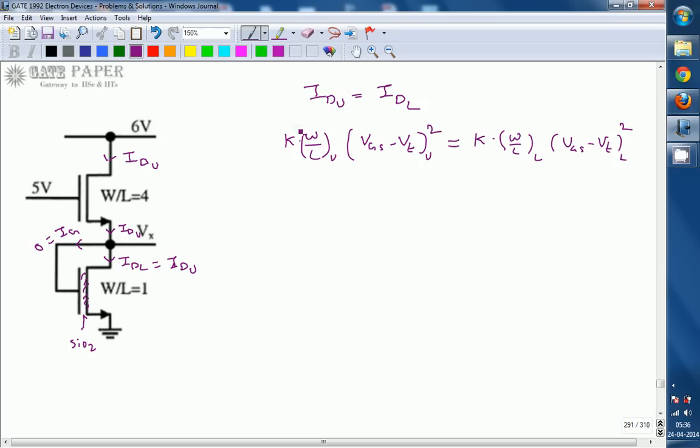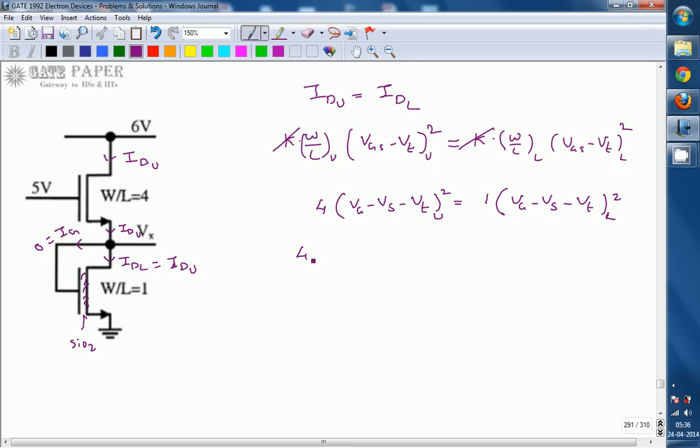The K value is given and it is the same for both transistors. So W by L of the upper transistor is 4 times (Vg minus Vs minus Vt) whole square of the upper transistor, and W by L of the lower transistor is 1 into (Vg minus Vs minus Vt) whole square of the lower transistor.